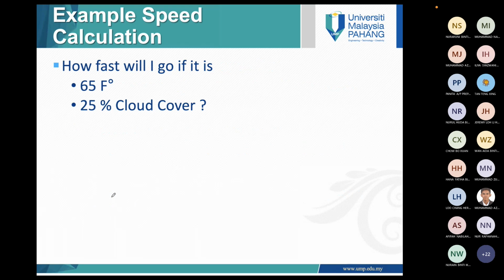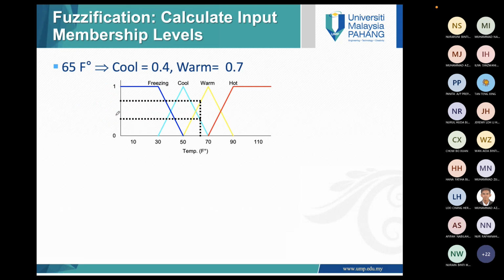So let's say we ask how fast will I go if it is 65 degrees Fahrenheit and we have 25% cloud cover. So we go back to the graph earlier.